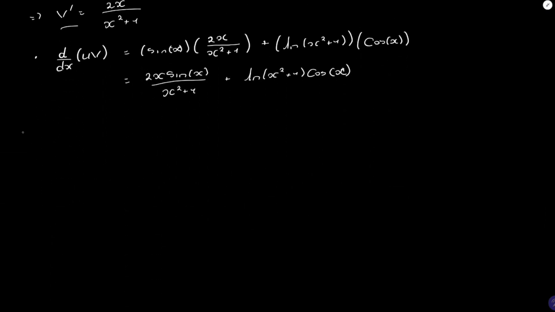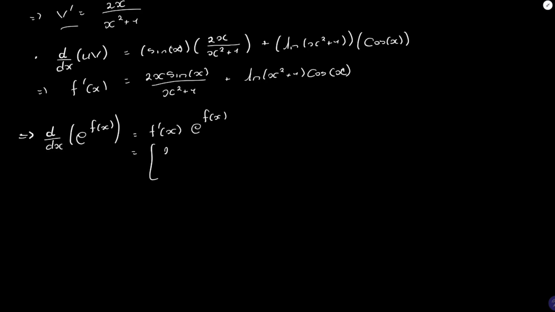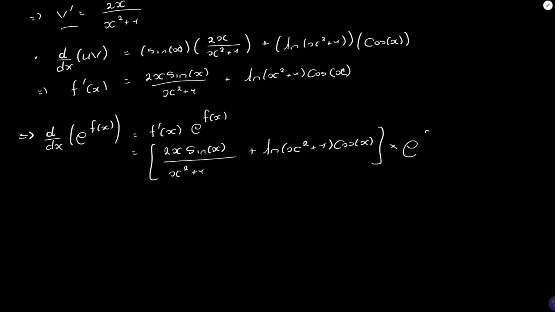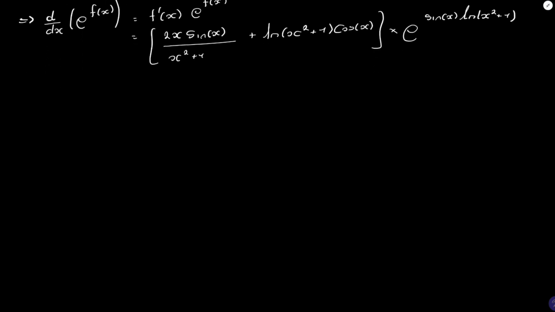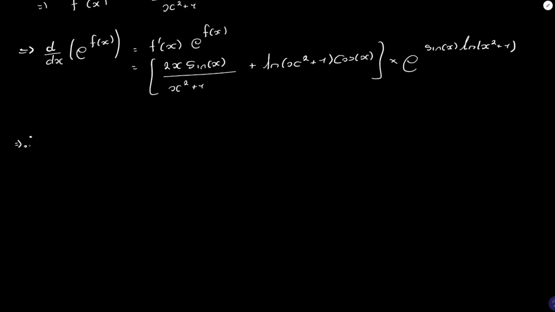Substituting that, the derivative with respect to x of e to the f of x equals f prime of x times e to the f of x, which gives us 2x sine x divided by x squared plus 1 plus ln of x squared plus 1 cos of x, all that times e to our initial function sine of x ln of x squared plus 1.